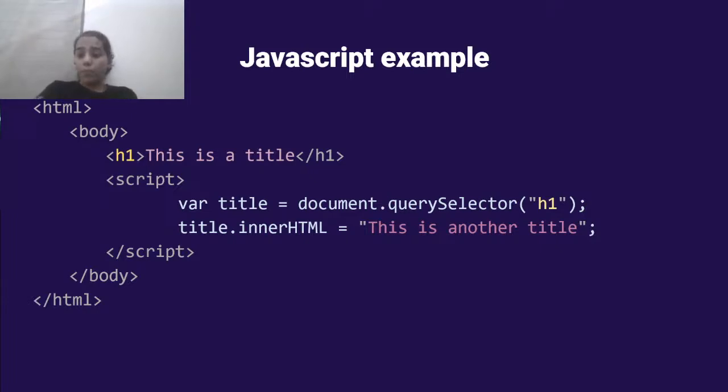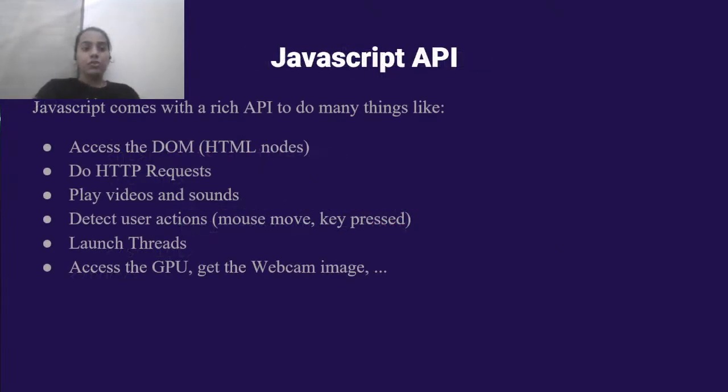Here are some commonly used JavaScript APIs. Oh, I think I did not change the slide. Sorry. So here are some commonly used JavaScript APIs. The first one is the DOM API, the Document Object Model. The DOM API allows you to interact with the structure and content of HTML and XML documents.